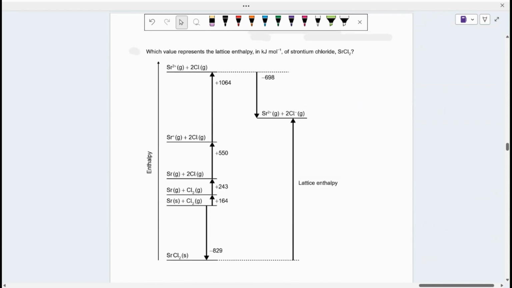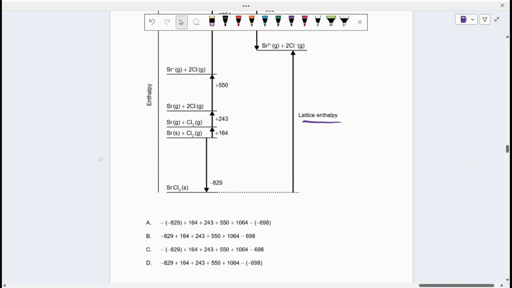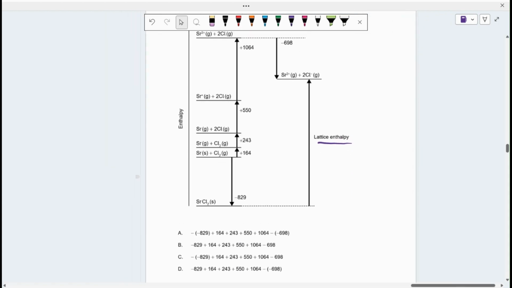Question 16, which value represents the lattice enthalpy of strontium chloride? So this is the lattice enthalpy. We're just going to work our way up and then down and see what we get. So because we're going against the first arrow here, we are going to change this sign.